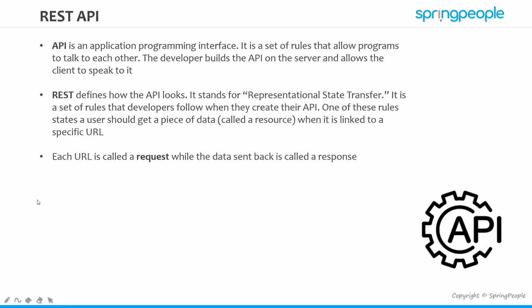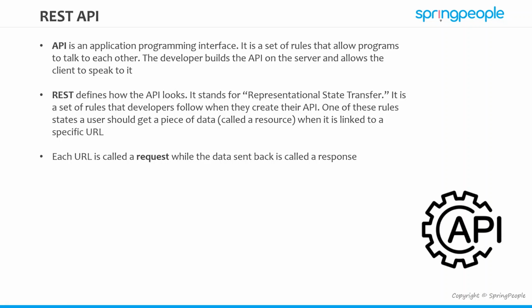REST defines how the API looks. It stands for representational state transfer. It is a set of rules that developers follow when they create their API. One of these rules states that a user gets a piece of data, called a resource, when it is linked to a specific URL. We discussed REST in lesson 1 also, including the principles and rules of REST, like rules of caching, rules for statelessness, and so on.